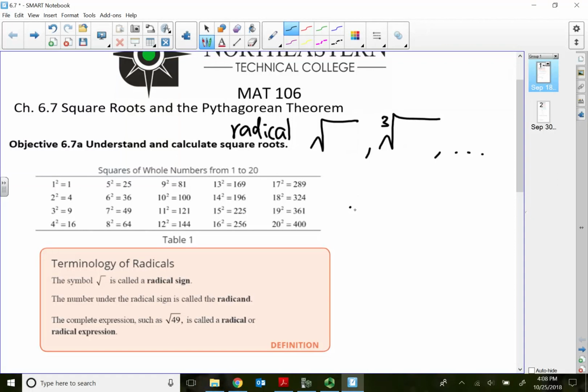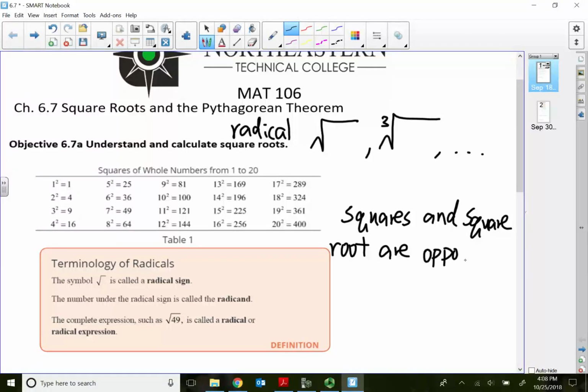So now the square and the square root are opposite operations. What's the big deal about being opposite operations? Well, since they are opposite, they cancel each other out.